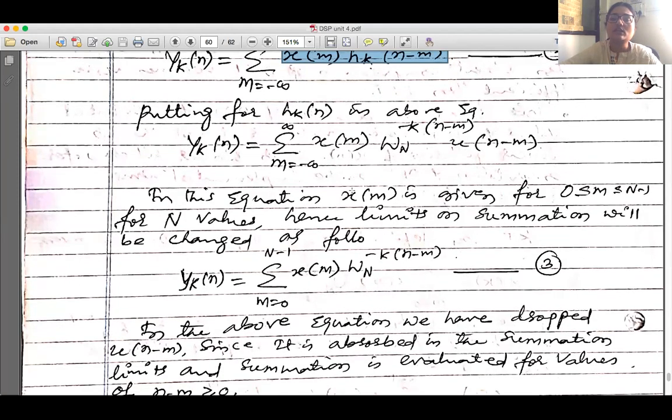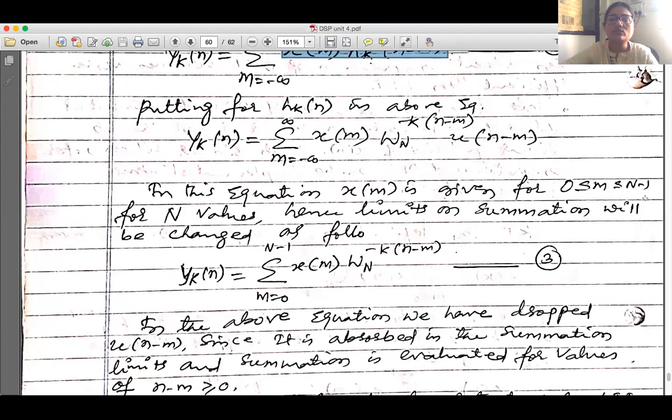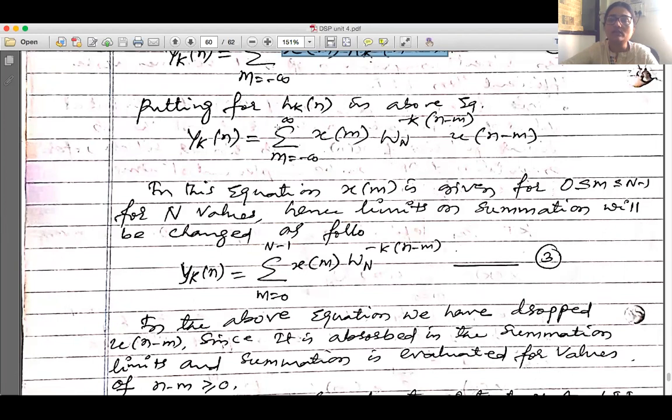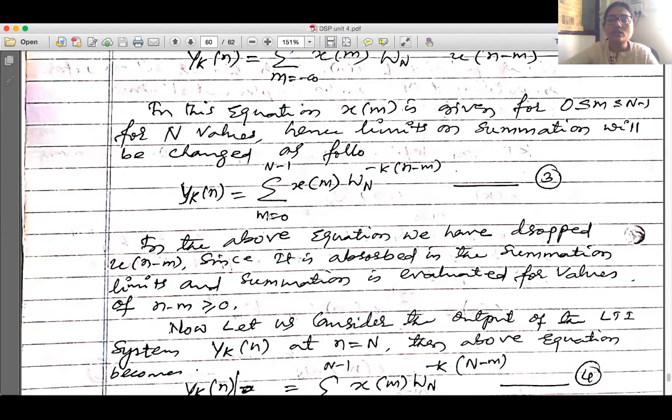From this equation, given that the value of m exists between 0 and N minus 1, the limit which we have taken from minus infinity to plus infinity will be only from 0 to N minus 1, x of m into W raised to minus k n minus m.